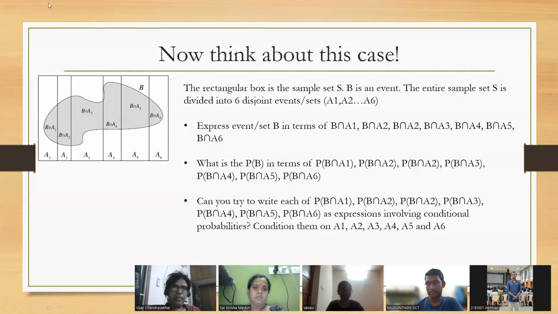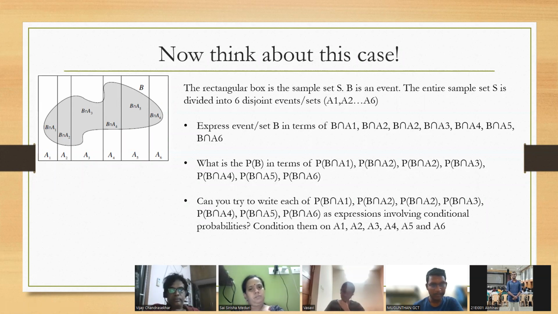My question is, when you calculate the probability of B, how do you express the probability of B in terms of these probabilities? If each one of these is mutually exclusive or disjoint, how do you express the probability of B in terms of these disjoint events?